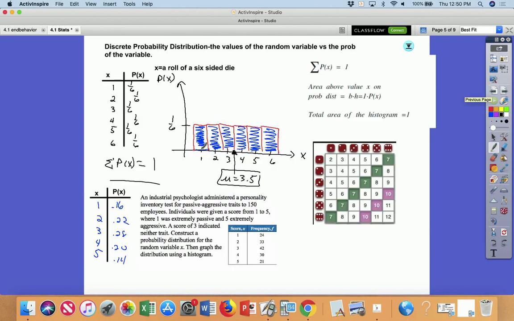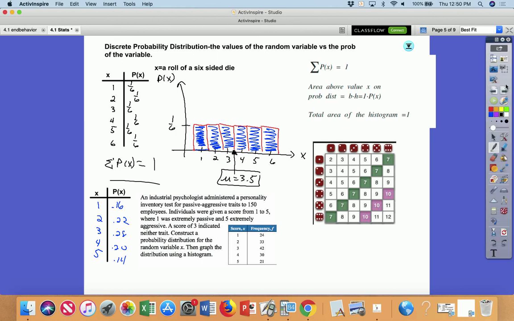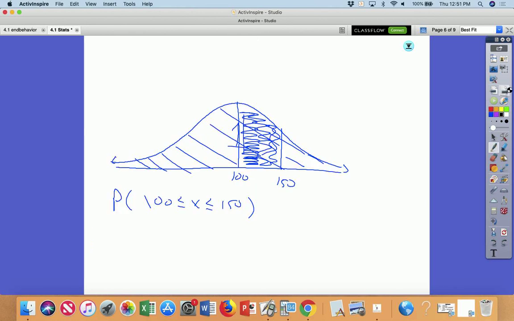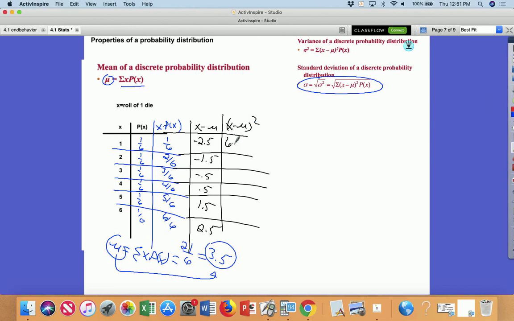And what do those values represent? It represents how far that value is from the middle of the distribution. And then we square them, so your next column should be squared. And are you going to have to do this all the time? No, I'm going to show you how to do this in a calculator too.